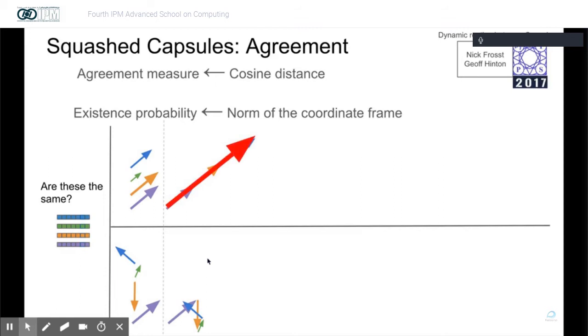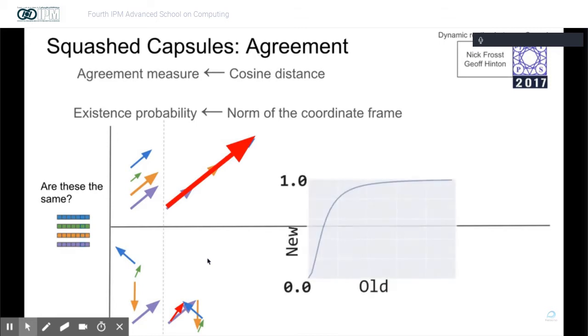The length of the summed vector will be large if their orientations agree, and only in that case. To keep the lengths as proper probabilities, we renormalize the norm and squash them below 1. So summing the predictions and squashing them gives the next capsule with an agreed orientation and length below 1. So we have found a way to do the agreement.